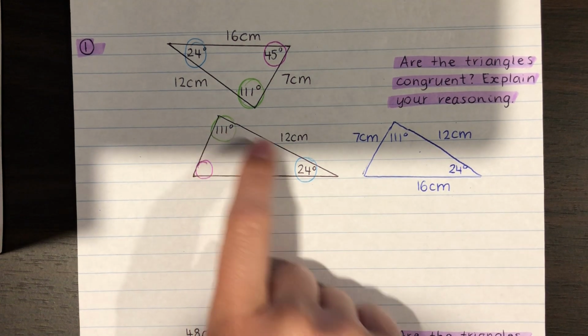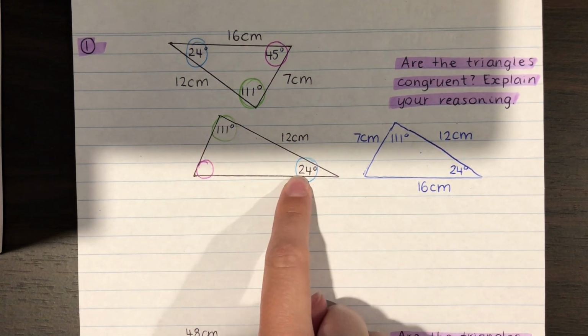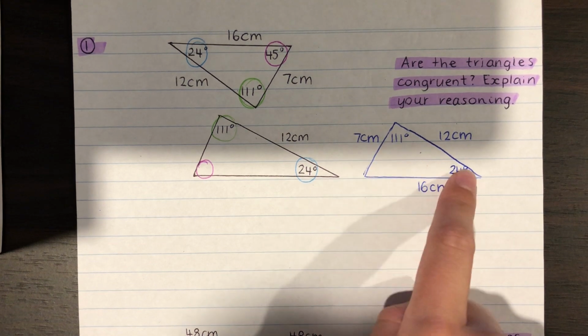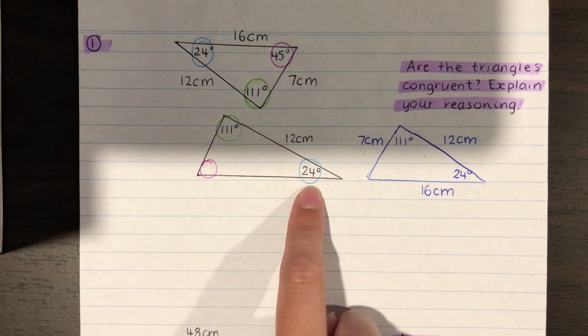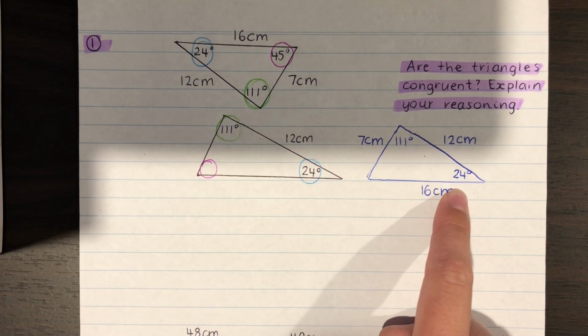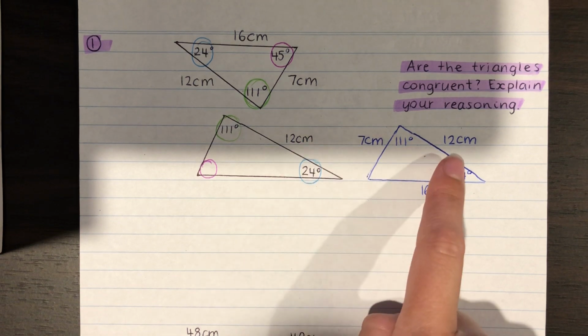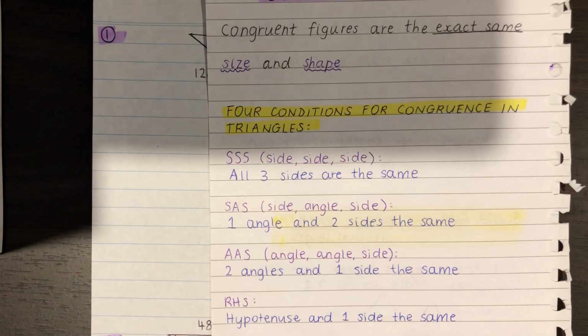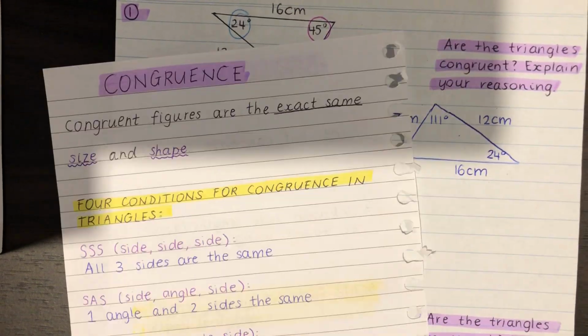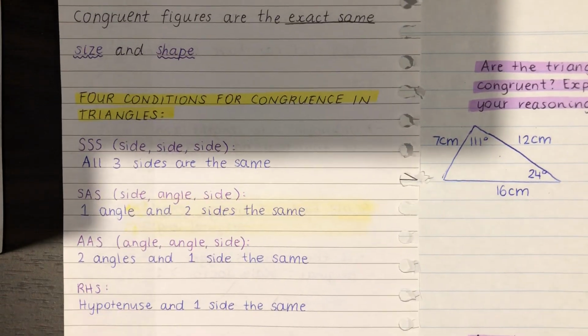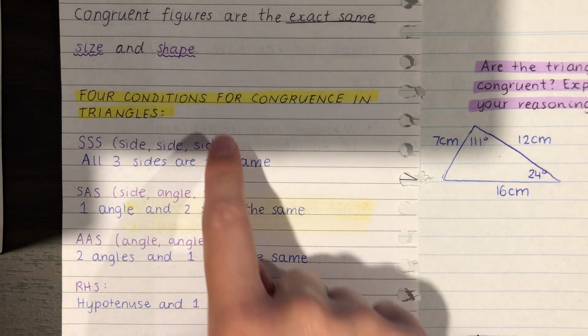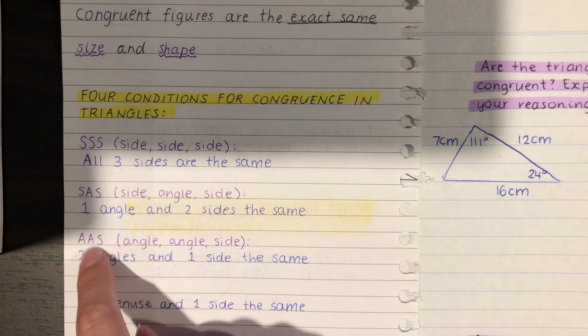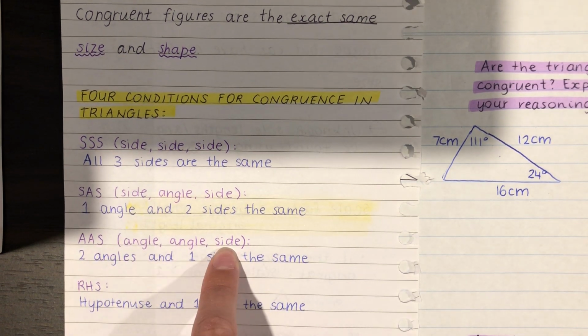Now, let's see what we have. We have two angles that are the same between both triangles. So two angles, this one, that one, that one. And then also one side length. So if we take our sheet, we've got two angles and one side.